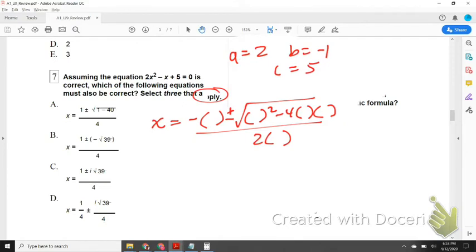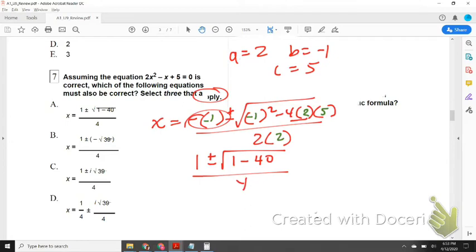So our b value is negative 1, a value is 2, and c value is 5. All right. And negative times a negative 1 is 1, plus or minus the square root of negative 1 squared is 1, minus 4 times 2 is 8, times 5 is 40, all over 4.